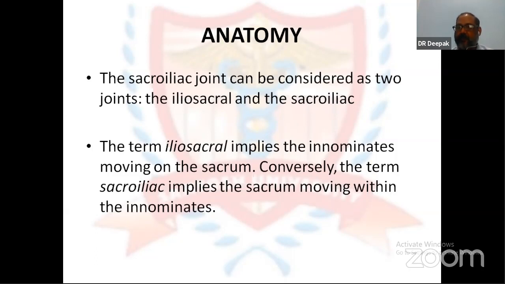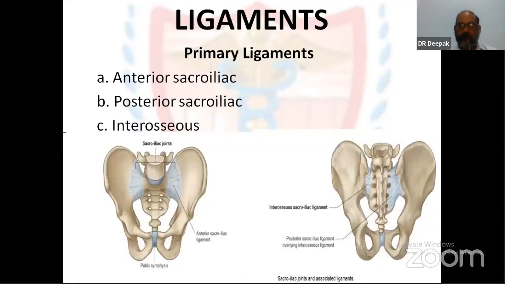Innominate is a part of the hip bone, that is, the ilium is moving on the sacrum, the sacrum is fixed and the ilium is moving. That is why it is the iliosacral joint. And in the sacroiliac, the sacrum is moving within the innominate, that is, the two hip bones are fixed and the sacrum is moving within the two ilium bones.